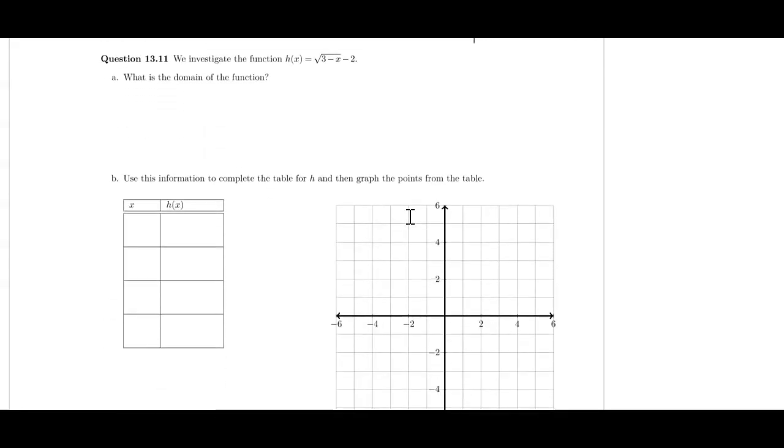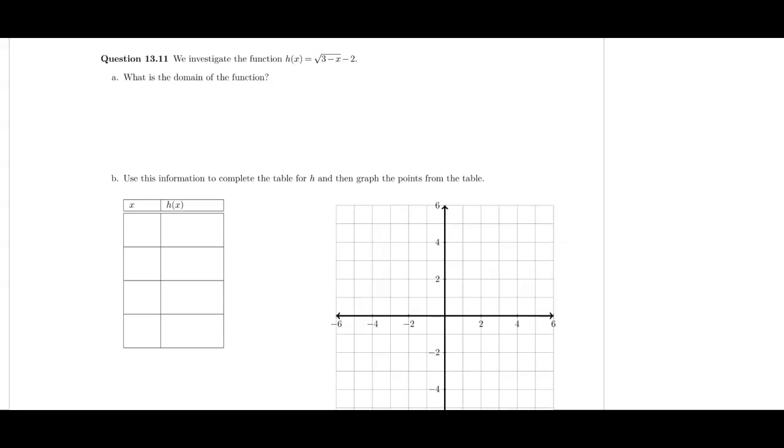All right, so first thing it asks us to do is figure out what the domain is. Because remember with square roots, we can only find the square roots of positive numbers in the real number system. If we have square roots of negatives, that goes into the imaginary numbers, and that's not what we're plotting here.